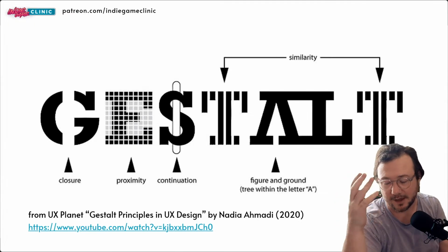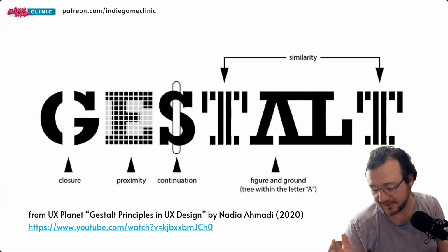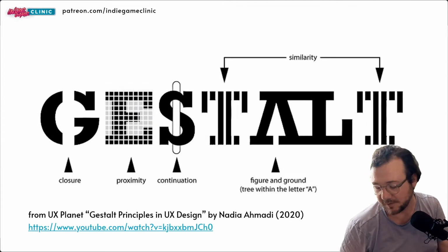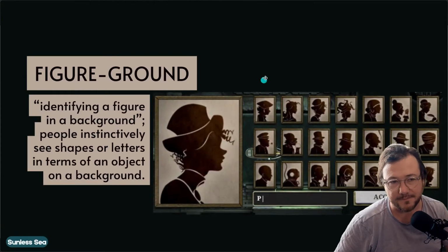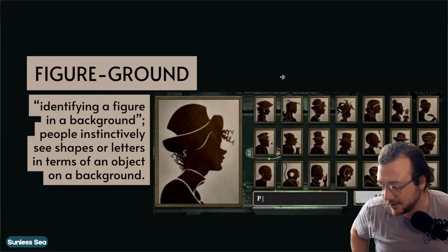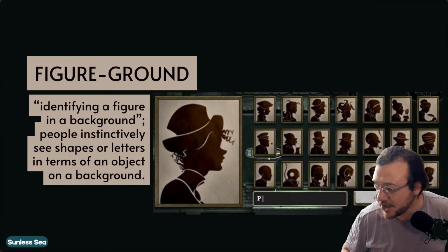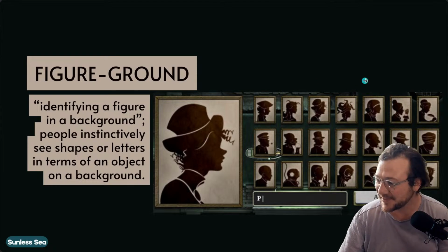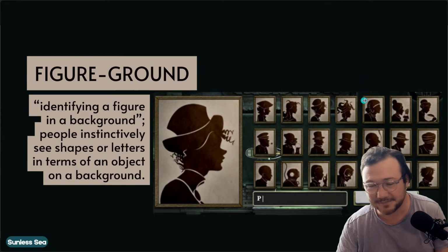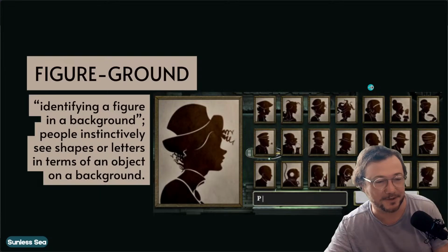And I'll go through the examples, because I think this is a neat little visual joke, but I don't think it's actually good for explaining them the first time. So one of the principles is the figure ground. Gestalt. Yeah, I need to get the st in the middle. Gestalt. There we go.